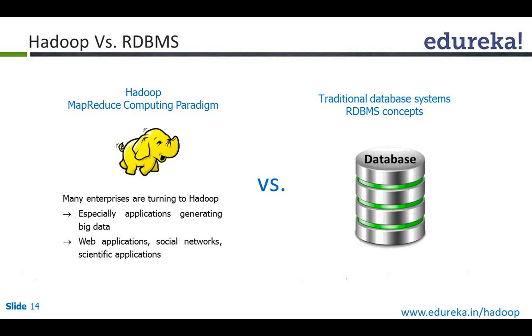Some of the differences you would also see when deciding to use an RDBMS-based solution or enterprise data warehousing versus Hadoop is, say, if you need very high performing low latency queries, you cannot use Hadoop straightforward. And when it comes to large volumes of data and you're okay to sacrifice performance, you can go for Hadoop.